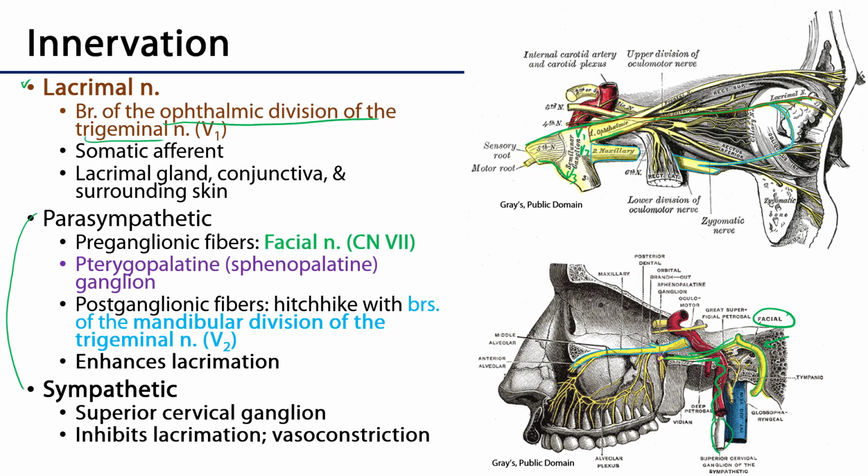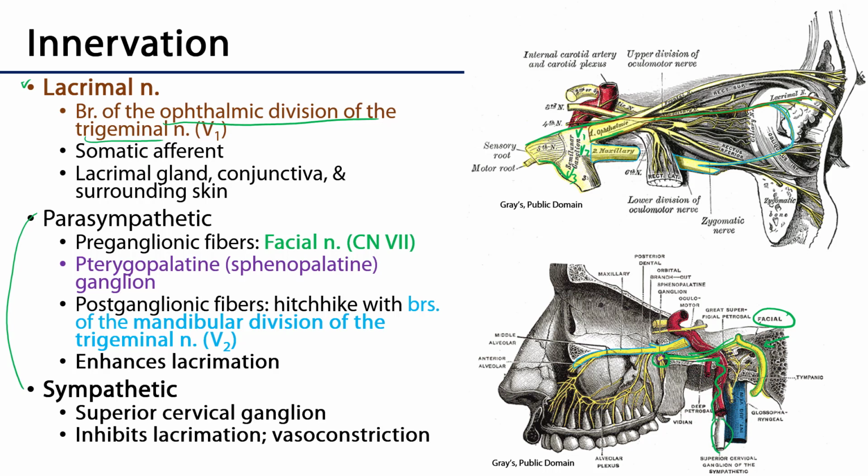This is called the nerve of the pterygoid canal. This heads out towards a ganglion there. This is a peripheral parasympathetic ganglion known as the pterygopalatine ganglion. An older name for it is sphenopalatine.